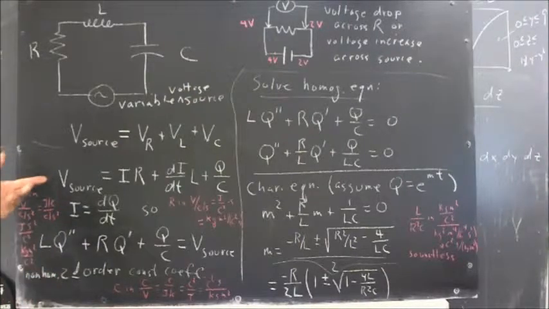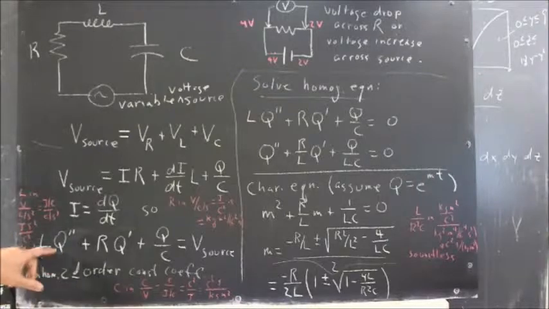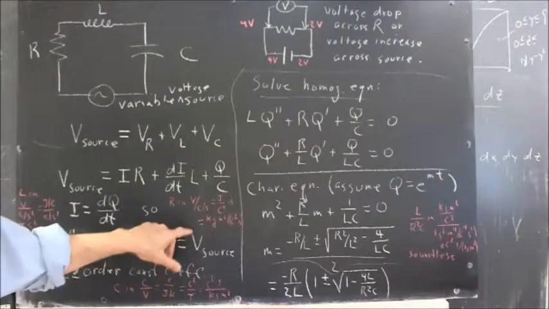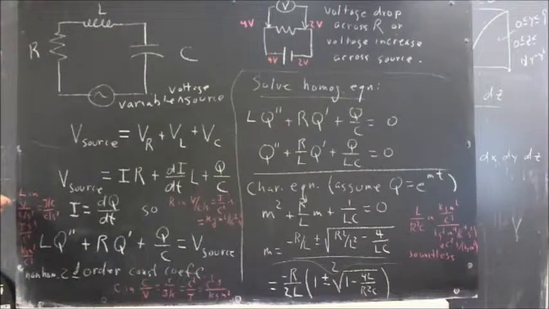Q double prime is charge per unit of time squared. In SI units, that would be coulombs per second squared. So L has units of voltage divided by coulombs per second squared, which I've written here. Now you should stop and reduce this to fundamental units: kilograms, meters, seconds, and coulombs. Coulombs aren't really fundamental, amps are fundamental, but we're going to reduce it to coulombs anyway.